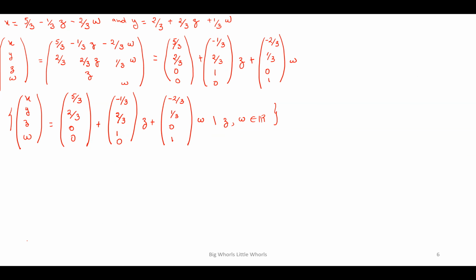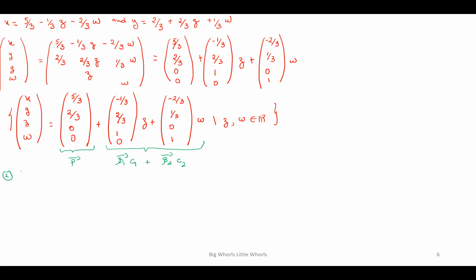So we can rewrite it with beta 1 multiplied by C1, which is z, plus beta 2, this vector, and C2, which is w.